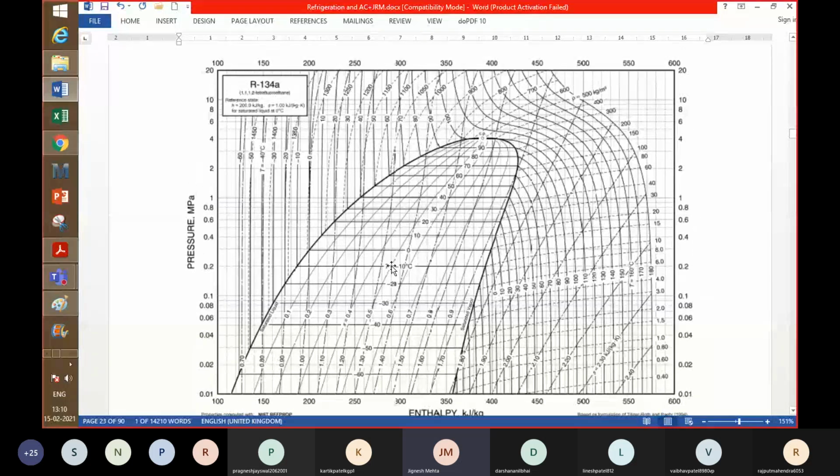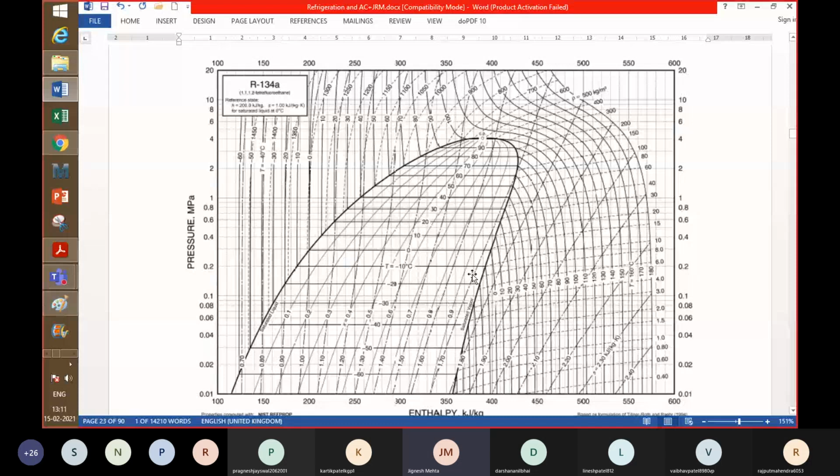Here you have different lines for temperature. Inside the saturation dome, the constant temperature lines match with the constant pressure lines because the evaporation occurs at constant pressure. So we are talking about this temperature, minus 20 degrees Celsius. And when the vapor is coming out, it is at this state, saturated vapor state, right?